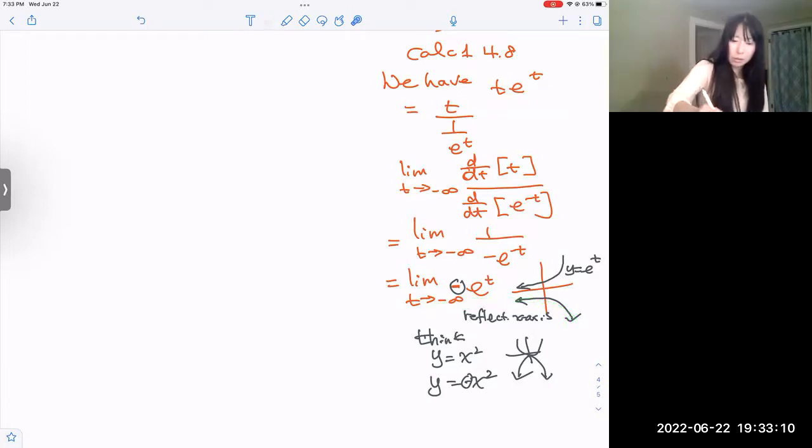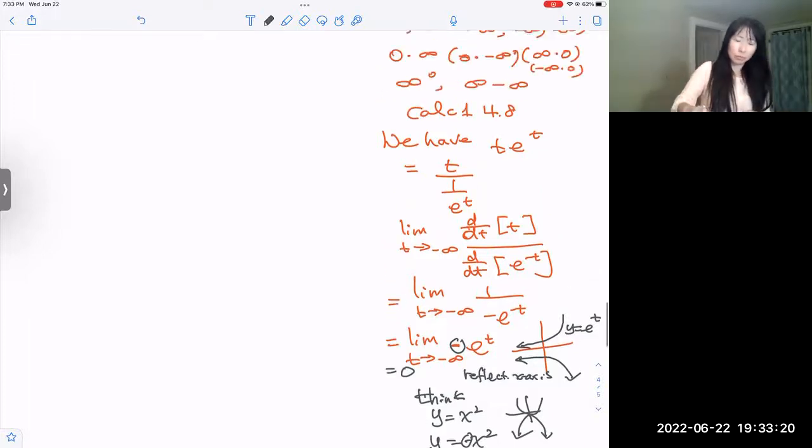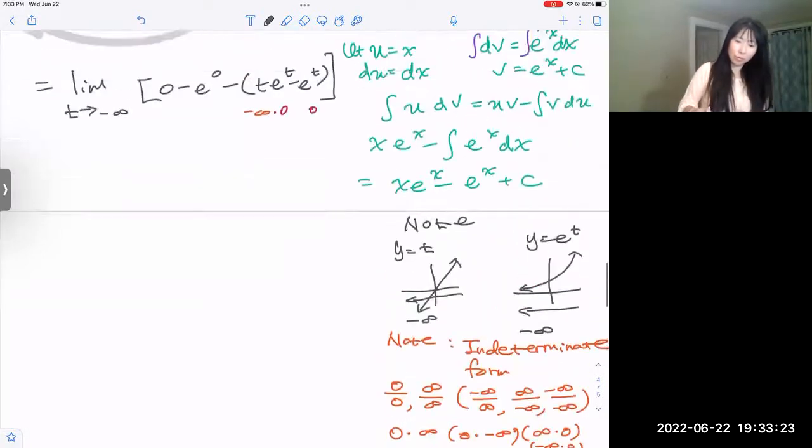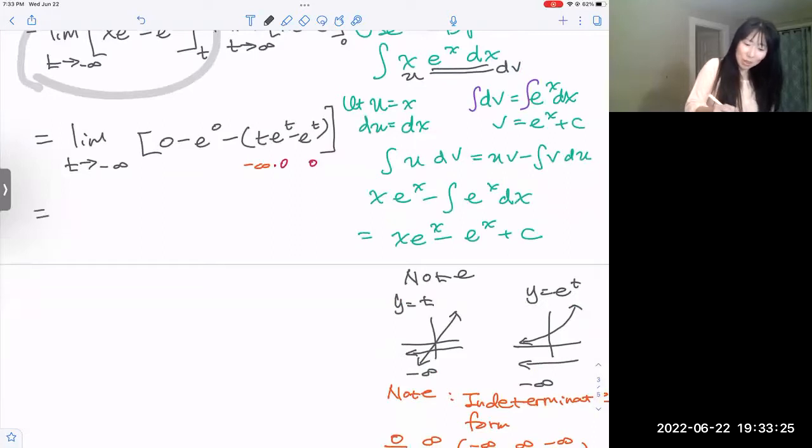So this is 0. Everything is at 0 except e to the 0.